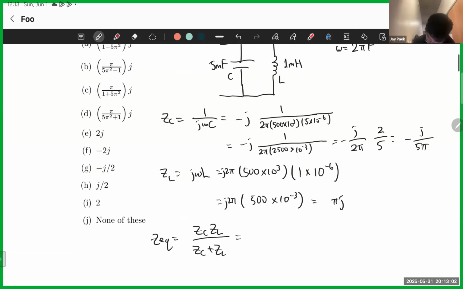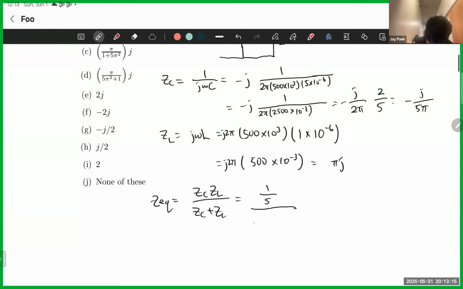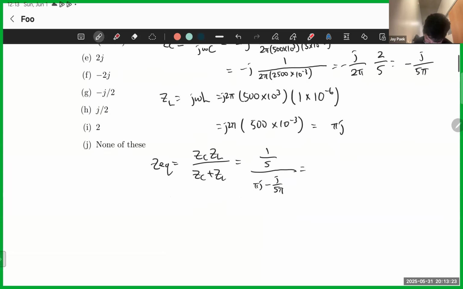I multiply these, so the numerator, I multiply those together, and I obtain 1/5. I'm pretty sure it's 1/5. And then the denominator, I add them together, and that doesn't look as easy as what we just had before, but that's okay. So we can pull this out, and then multiply top and bottom by pi. So we have pi over pi squared j minus j.